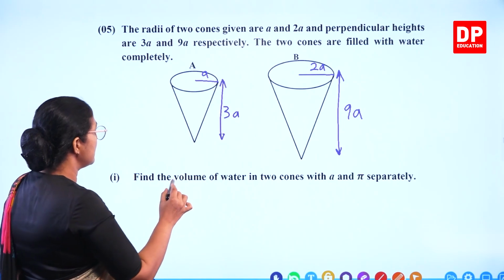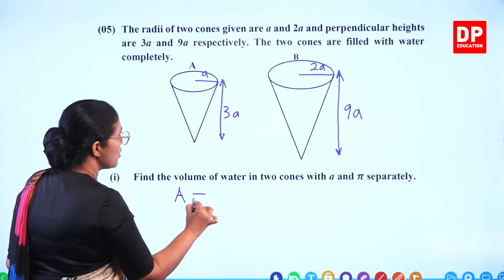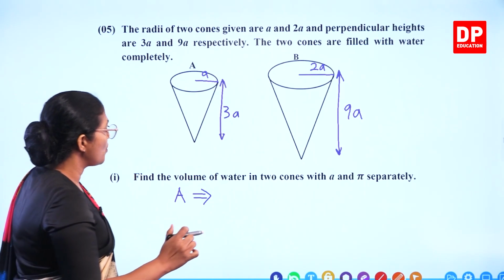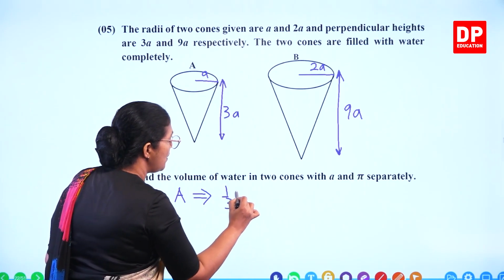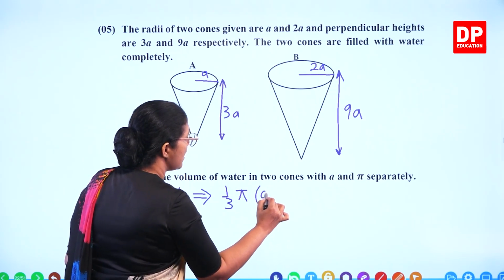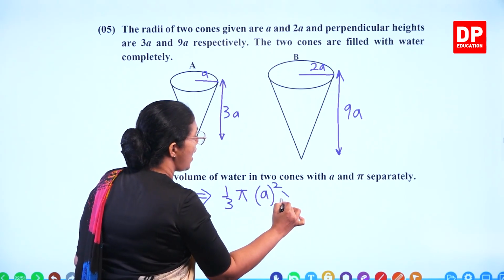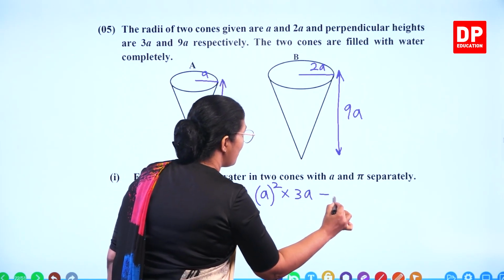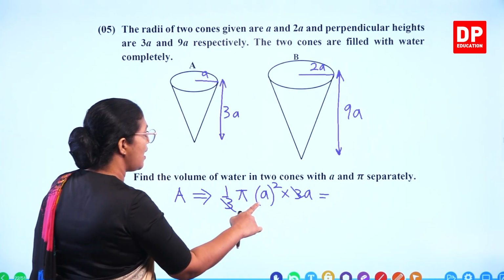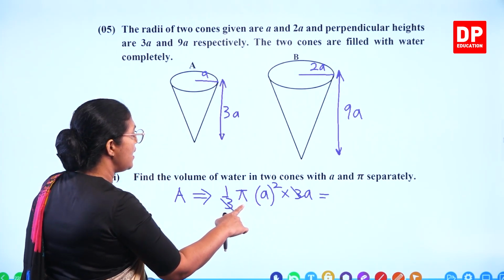So let's take cone A. What is the volume? Volume of a cone is 1/3 pi r squared h. 1/3 pi r. R is A. A squared into h is 3A. Simplify. You get 3 and 3 get cancelled out and pi A cube.